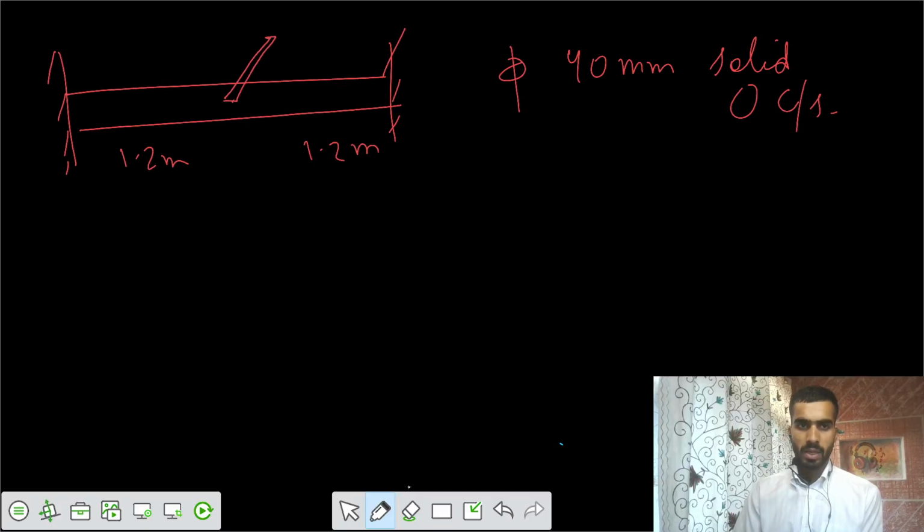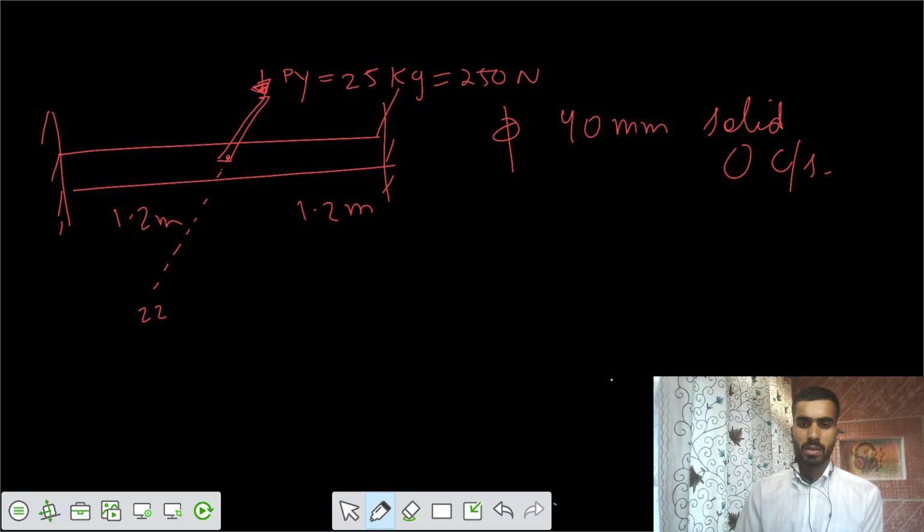The bracket is in the z direction, so I am applying a load in the y direction. Py equals some value of 25 kg, that would be equal to 250 Newton. So I am applying a load of 250 Newton.